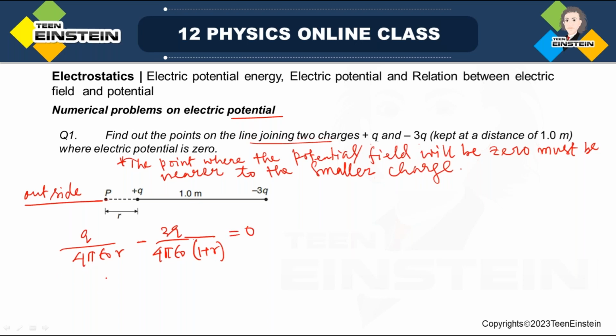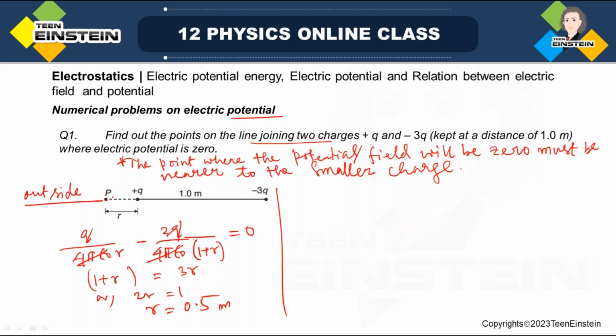If I do this calculation, this part from both sides cancels, q goes away. So 1 plus r is equal to 3r. That means 2r is equal to 1, or r is equal to 0.5 meter. So this is one part.